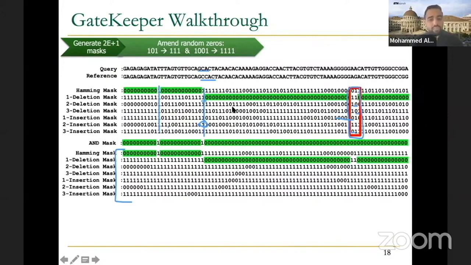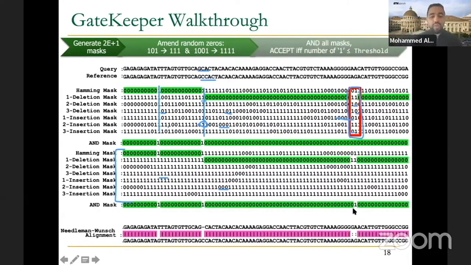Whenever we have a single zero, just switch it into 1. Here we have 3 zeros, we don't change it into anything. That's why we still get it over here. This 0, for example, we change it into 1. As you can see here, you got vectors that have fewer random zeros. And then do the AND operation. Let's see what will happen.